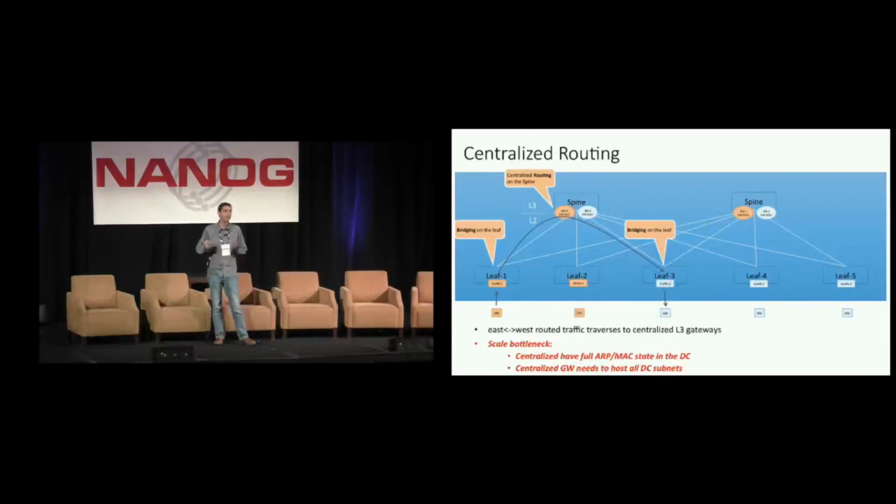Once you hit the capacity, you cannot easily increase the capacity of your data center, particularly the routing capacity, without upgrading that centralized gateway. In addition, it also arguably presents a single point of failure.